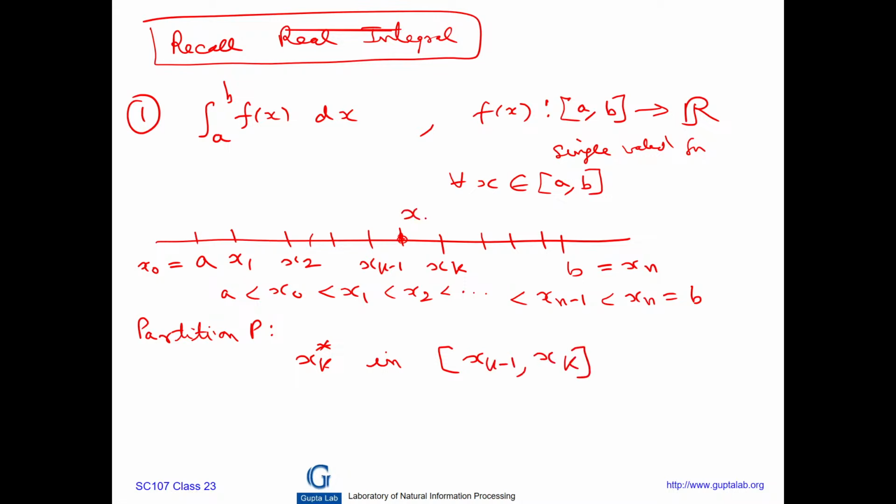Suppose here is xk star, somewhere here is x1 star, and so on. So what I have done, I divided the whole interval between a to b by a finite number of points. Then for each subinterval, because now I have to compute the area, I need to get the width and the height. So I am taking a point xk star in between.